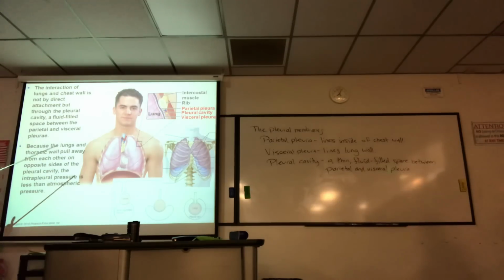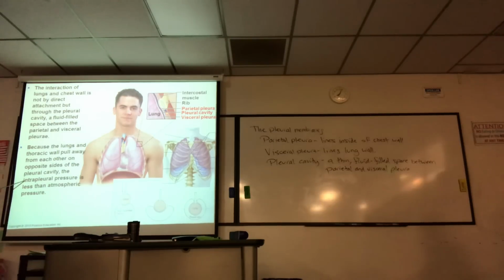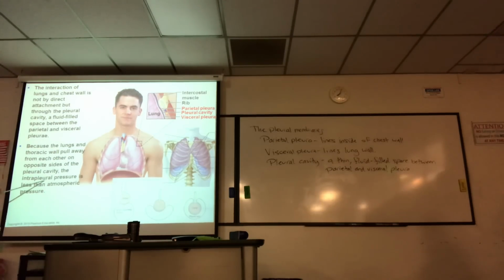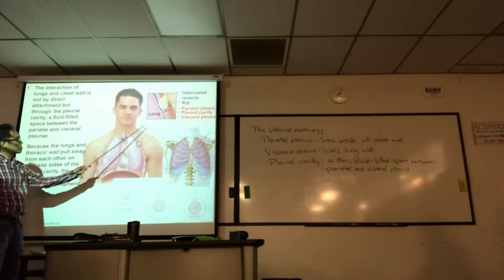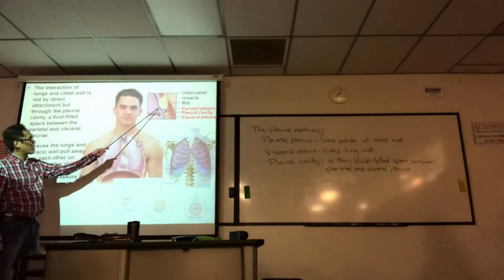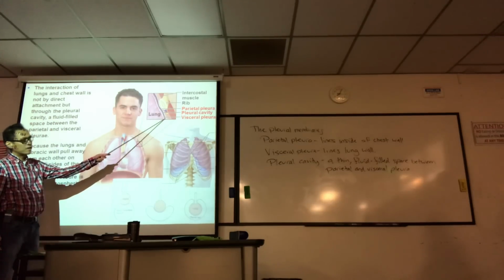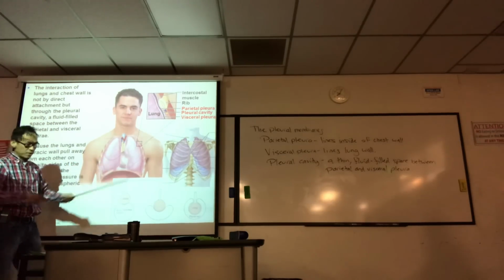So it's always pulling in the opposite direction. And because they're pulling away from each other, it creates a negative pressure in what we call the intrapleural pressure. Basically the pressure in this sliver of space called the pleural cavity, if you were to measure it, is a negative pressure with respect to the atmosphere.